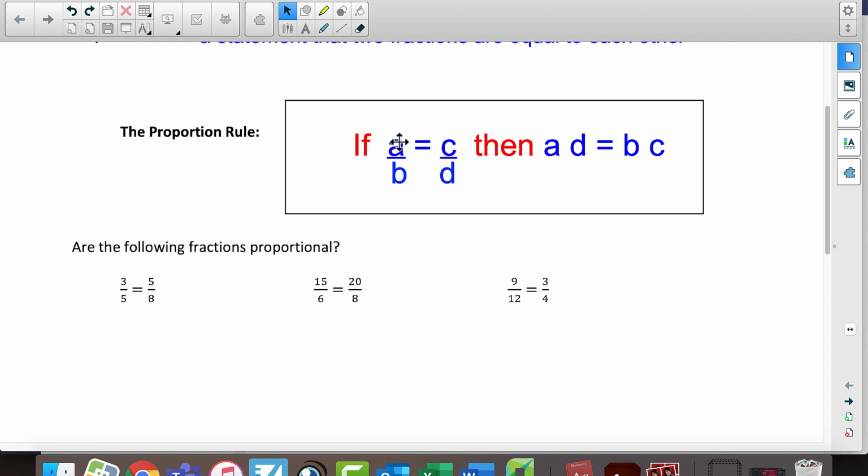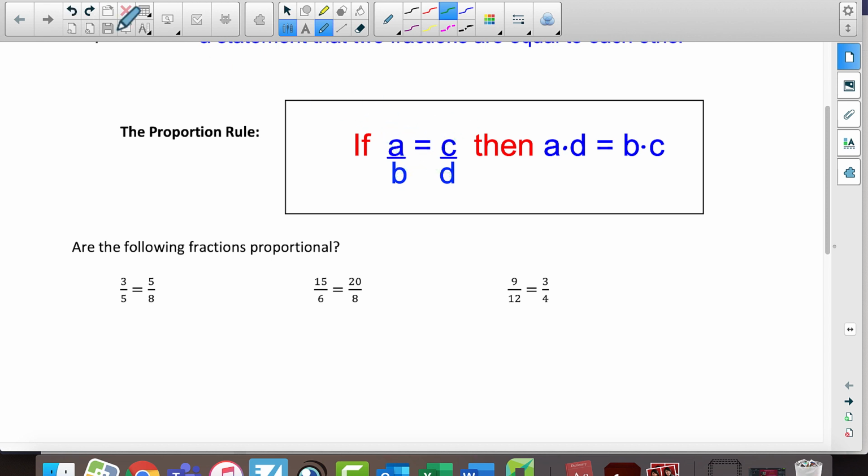It says if a over b is equal to c over d, if they're truly equal to each other, then what must be true is that AD, or a times d, must be equal to b times c. In other words, this diagonal right here, the AD, must be equal to this diagonal, the BC.